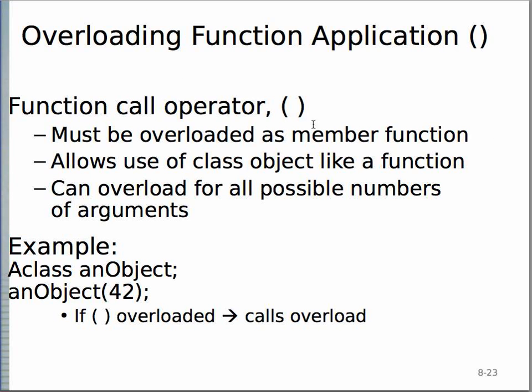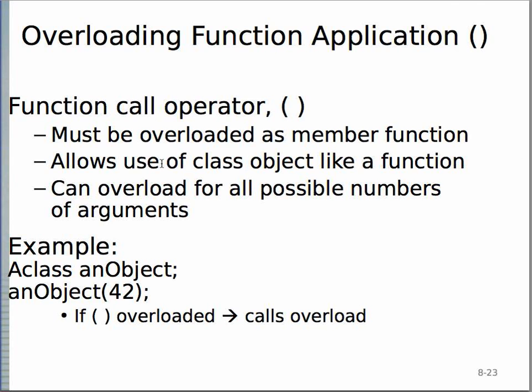So another thing that we can do is overload function application. So we can basically overload parentheses. The function call operator, that is left right parens, must be overloaded as a member function. And this allows the use of a class like a function. So it allows us to use an object just like a function.